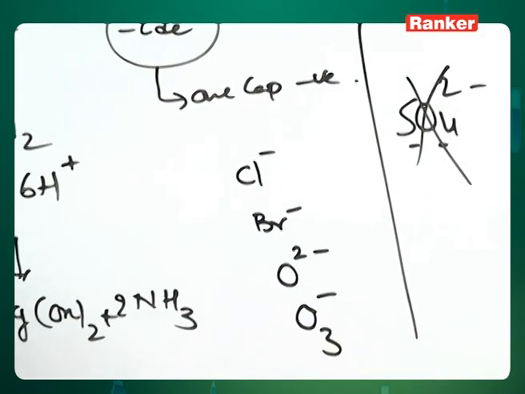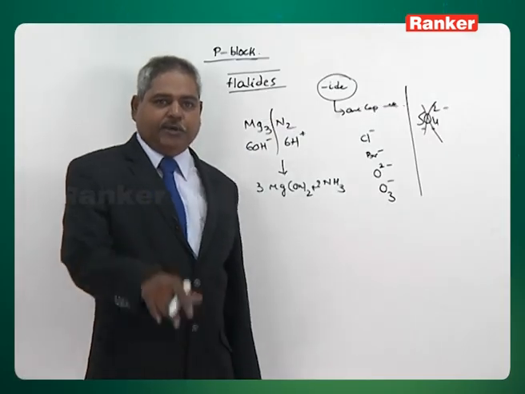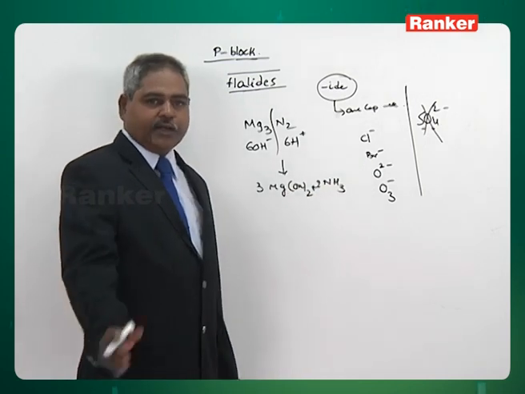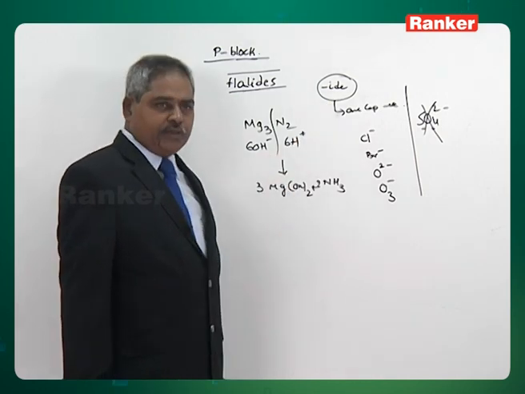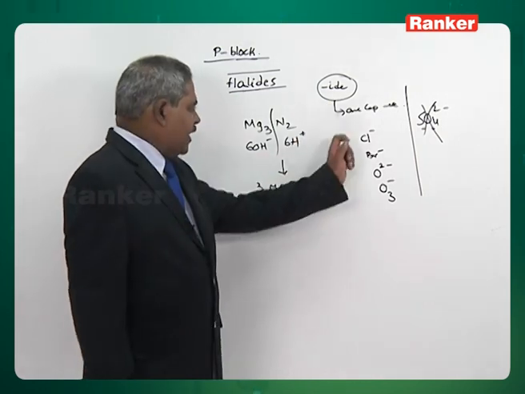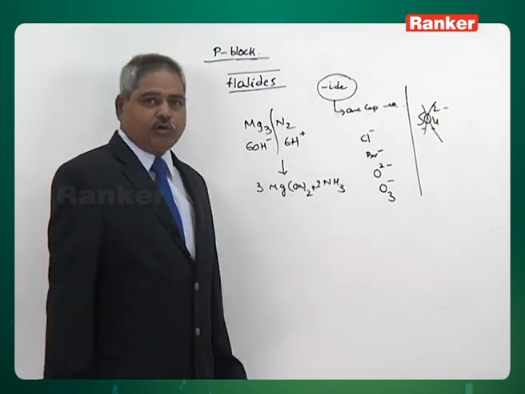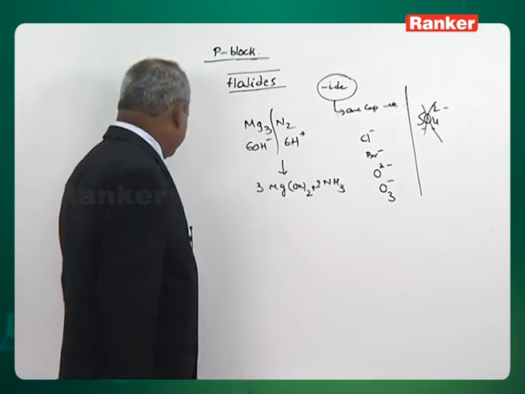Then I have to say what an element is, where you have only 1 capital letter. So instead of saying that, 1 capital means just 1 type of atom, all similar atoms: Cl minus, Br minus, O2 minus, O3 minus.